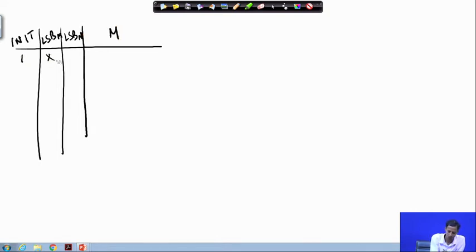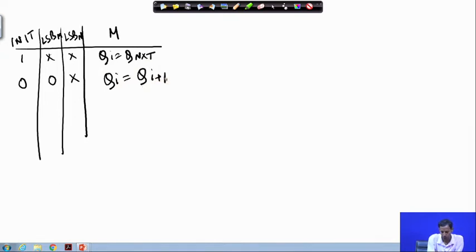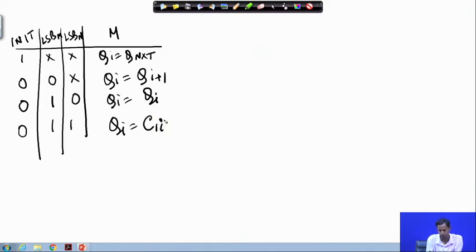So, for 1 cross 1, q i equals to q next; for 0 0 do not care, q i equals to q i plus 1; for 0 1 0, q i equals to q i; and for 0 1 1, q i equals to c1 I. Okay.